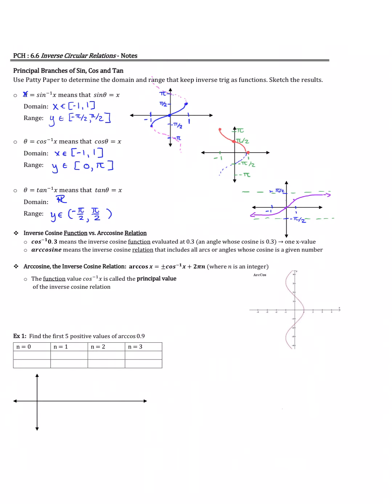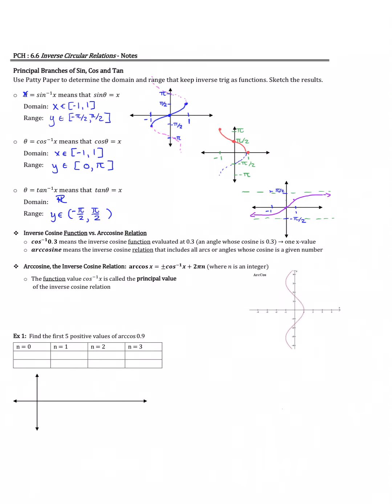Because think about it, if I do the inverse sine of, say, pi over 6, no, that wouldn't be, the inverse sine of 1/2. It's like, okay, so it's positive. Do I want 30 degrees or do I want 150 degrees?